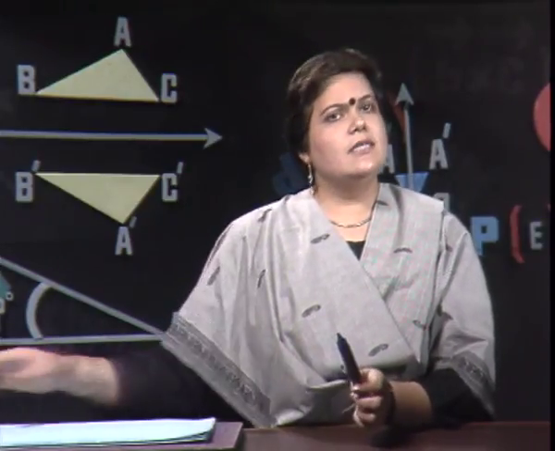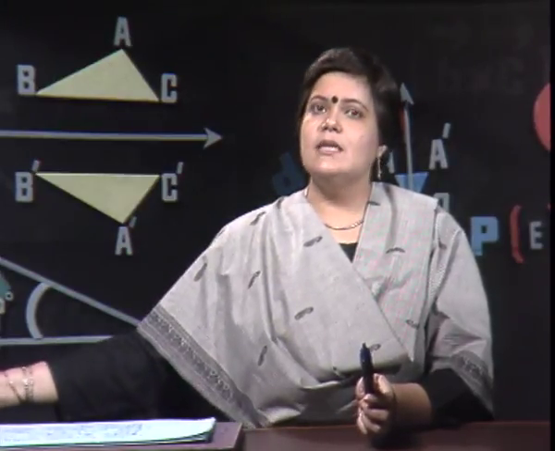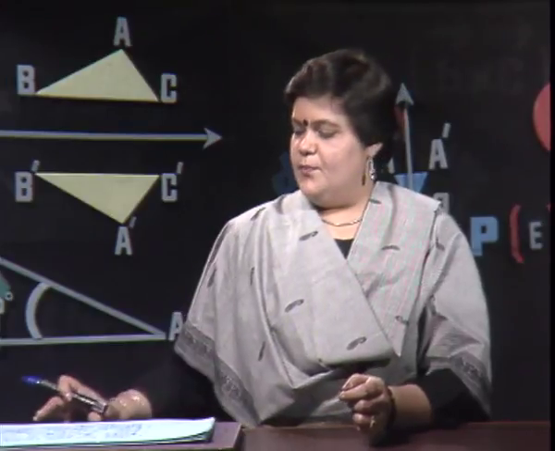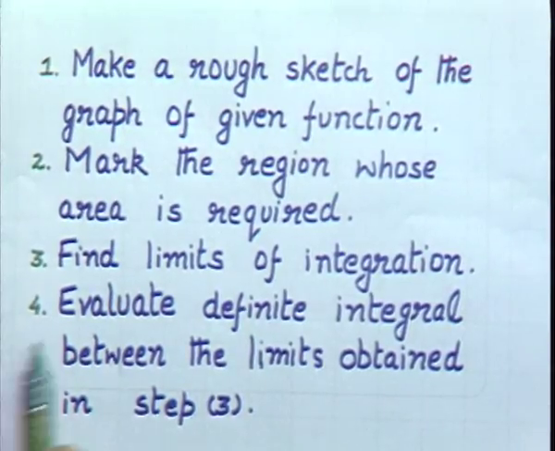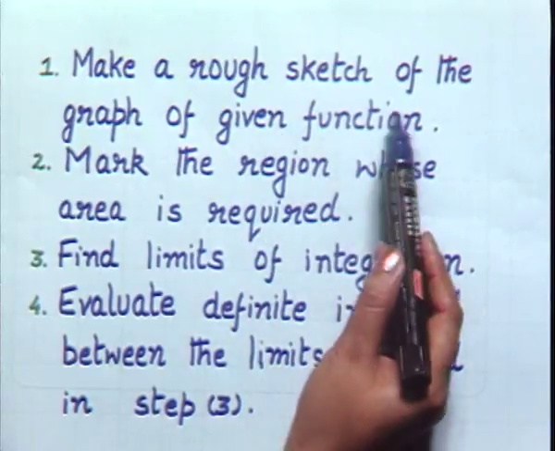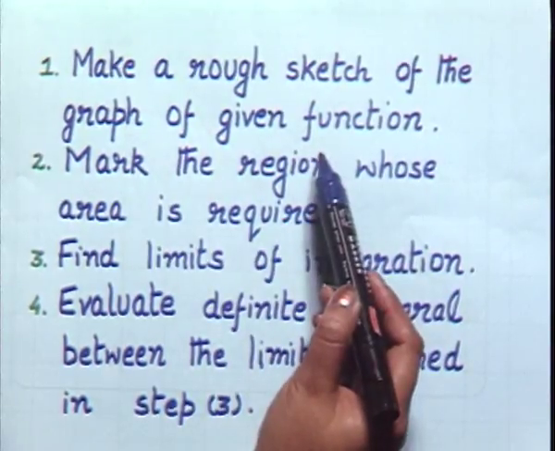Now, what you must have gained out of this question is that the procedure involved here is a step-by-step procedure, which requires certain things to be done in sequence. Let's quickly take a look at what the steps require. The first thing is to make a rough sketch of the graph of the given function. That's what we did.